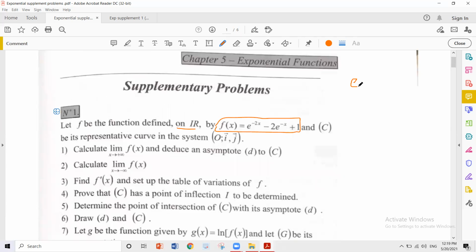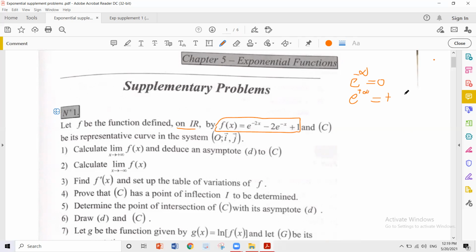Plus e to the minus infinity, how much, if you remember? How much is e to the minus infinity? 0. And e to the plus infinity? Plus infinity.